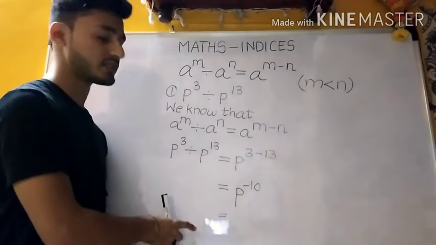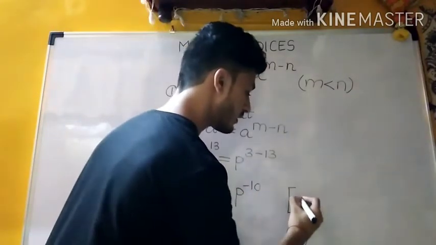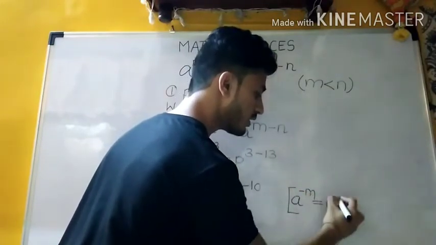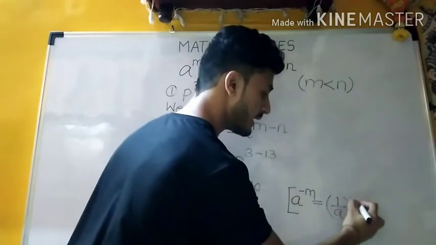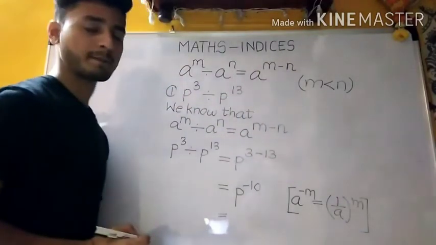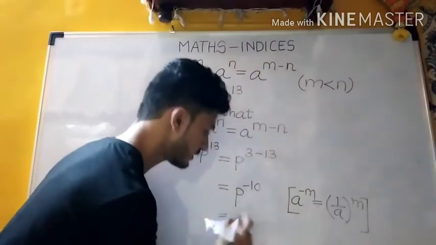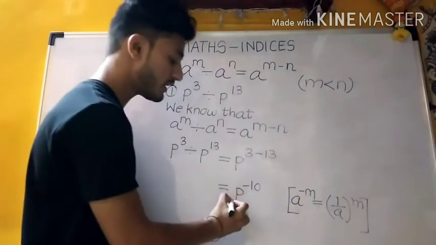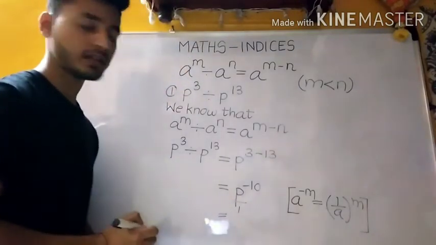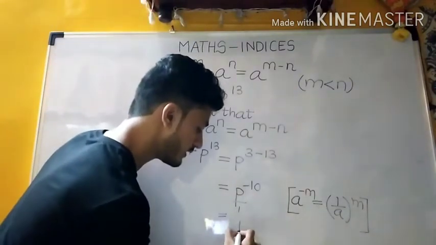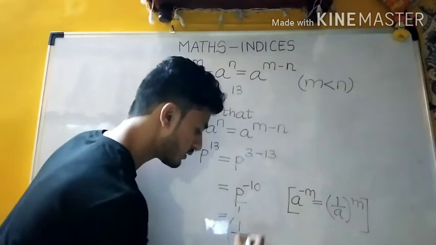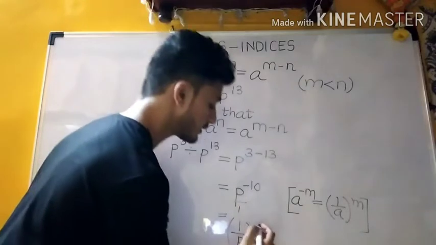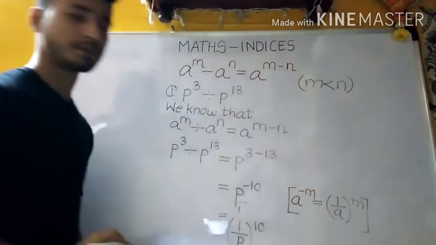So the law of indices which is required is a raised to the power minus m is equal to 1 upon a raised to the power m. So this is the formula. Now we are going to convert it here. Since it is only a single number and does not have a denominator, we will assume the denominator as 1. So the reciprocal will be 1 upon P raised to the power. Now since we have done the reciprocal, the power will turn positive, so it will be 10, and this is your final answer.